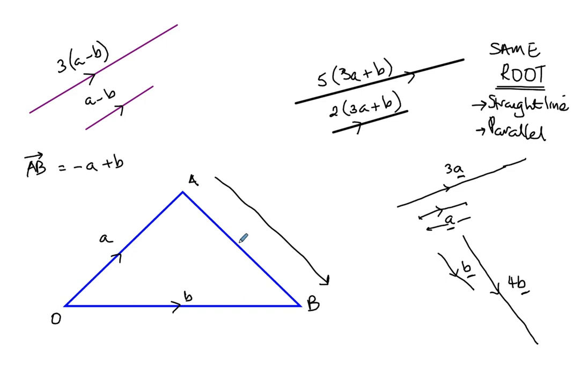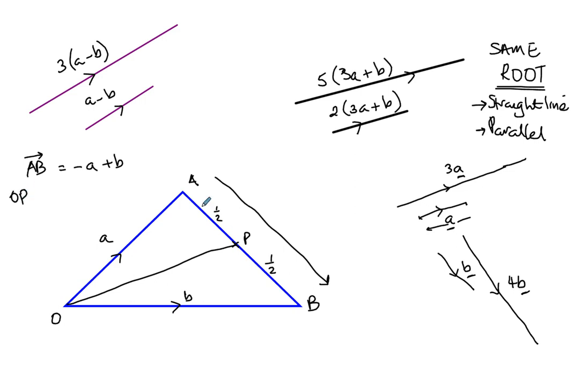Okay, so then if they told you there's a point P, which is halfway, so it's the midpoint of A and B, and they ask you to find vector OP. Again, you can see we can't go straight there.